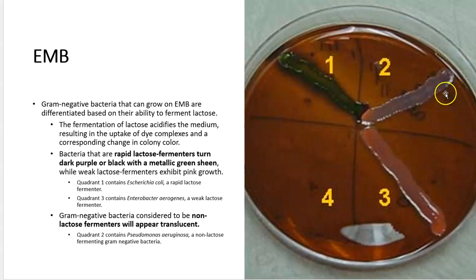If they're able to grow on this plate, but they do not ferment lactose, then they're going to grow this translucent color. So again, if it's a gram-positive bacteria, it's not going to grow because of eosin and methylene blue. If it's a gram-negative that rapidly ferments lactose, it'll grow metallic green, black, or dark purple. If it's a gram-negative bacteria that weakly ferments lactose, then it's going to grow pink. And if it's a gram-negative bacteria that does not ferment lactose, it's going to grow a translucent or colorless color on top of the agar.